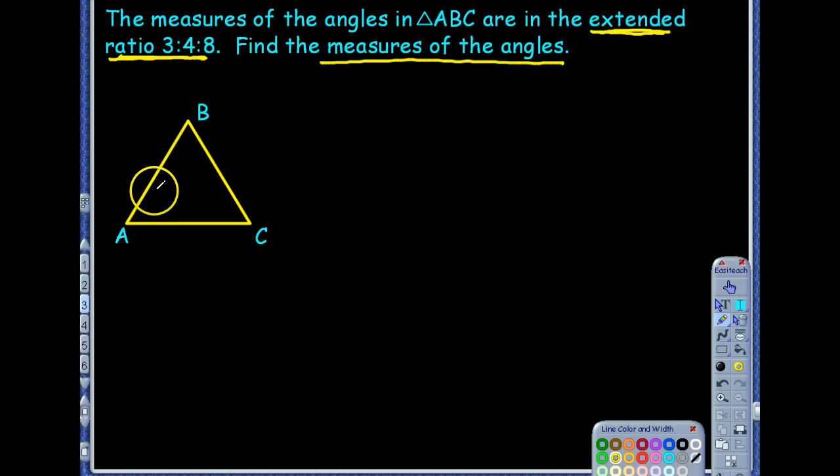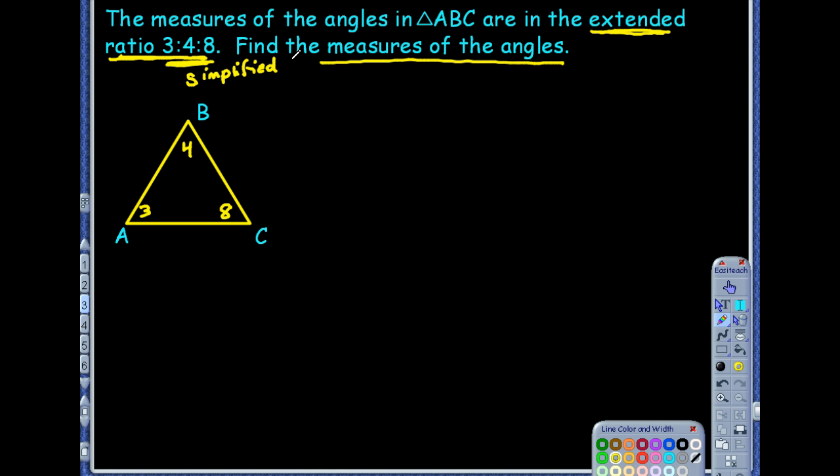So if I say this is the 3, the 4, the 8, would those actually be the degree amount of those angles? No, because if I add 3 plus 4 plus 8, that's not 180 degrees. So like the last one, 3 to 4 to 8 is basically your simplified ratio. This is already simplified. So can I just put the x's with it again? Yeah, because what we want to do is, like Ms.